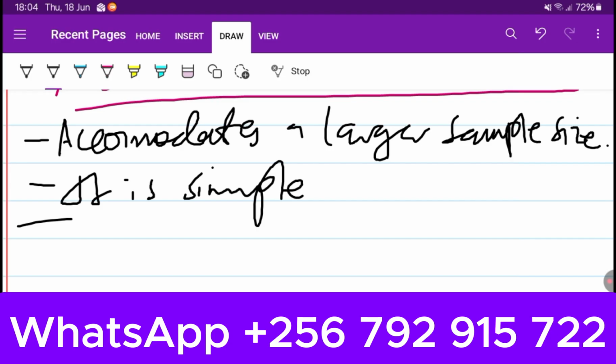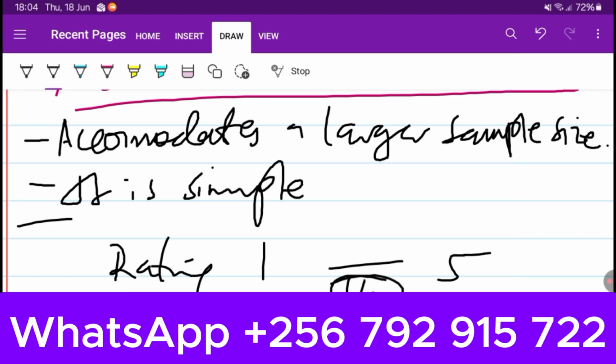Then the other one is the response scale. You find that if I give a survey, I might just be getting ratings, whereby someone is just going to put from 1 to 5. I've given you a 4, maybe I also give you an explanation as to why I'm rating it 4.